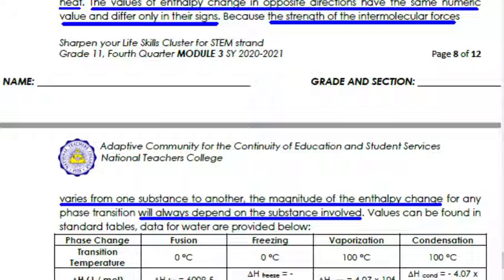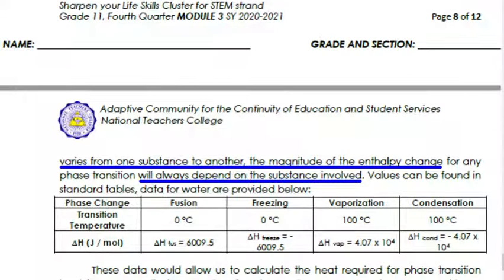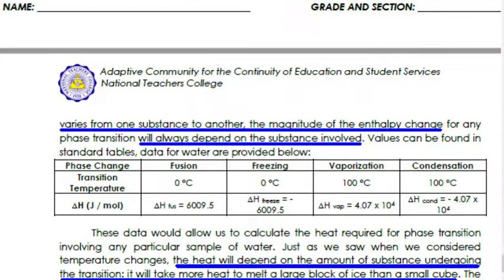So the heat will depend on the amount of substance undergoing the transition. So it will take more heat to melt a large block of ice than a small cube. So that's why we will arrive at a formula or equation that delta H is equal to n times the heat of phase change.